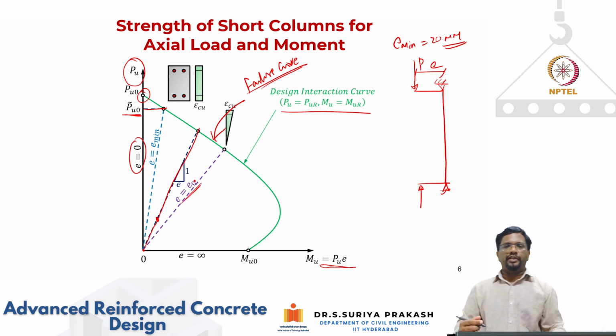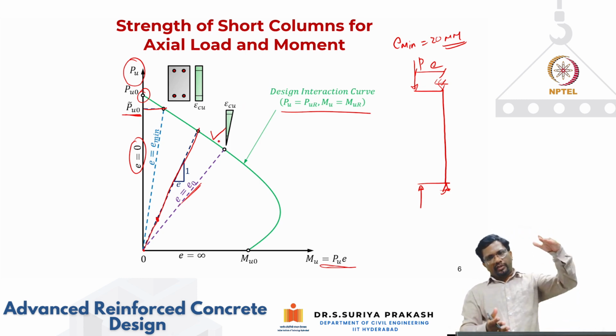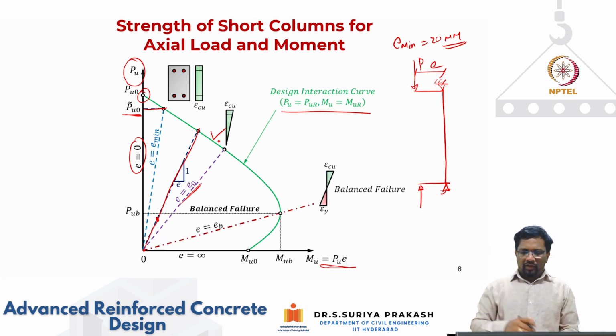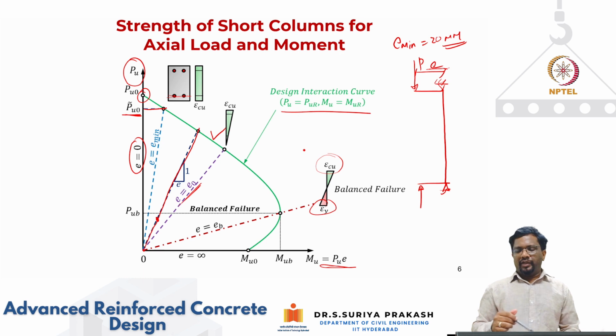When e becomes e naught, I can create a strain condition such that the bottommost fiber has zero compression, or you can say the neutral axis depth is equal to the depth of the section. Now you can also create a condition where I increase the value of e to the balanced eccentricity, such that the bottom of your section has yield strain while the top simultaneously reaches its compressive failure strain.